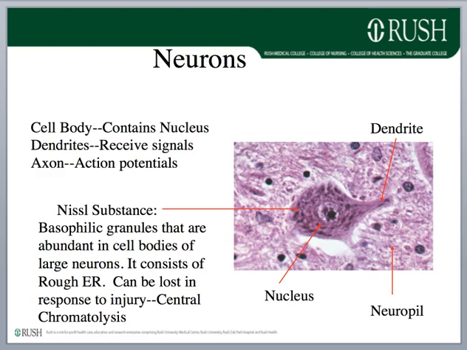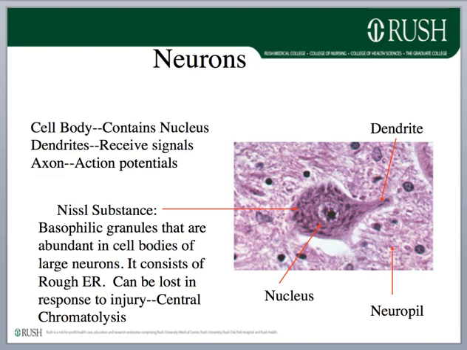Nissl substance are basophilic granules that are abundant in the cell bodies of large neurons and basically consist of rough ER. This is, as you know, the protein manufacturing process. The Nissl substance can be lost in response to injury, and we call this central chromatolysis. So this basophilia in the cell's cytoplasm will be lost.